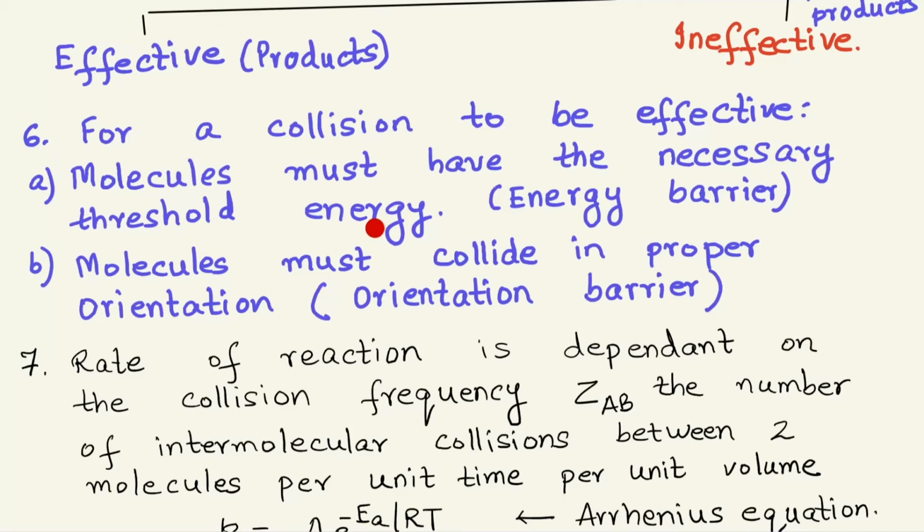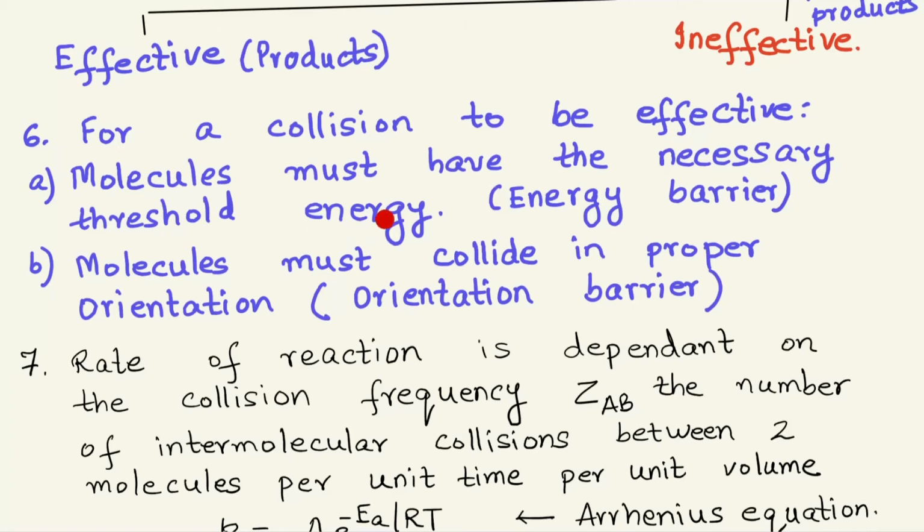And they go their separate ways. They don't have the energy to fight. So, the molecules must have the necessary energy, what we call the energy barrier. Now, do you remember in the previous video, we've already covered the concept of threshold energy, so I shall not be touching upon it in this particular video.